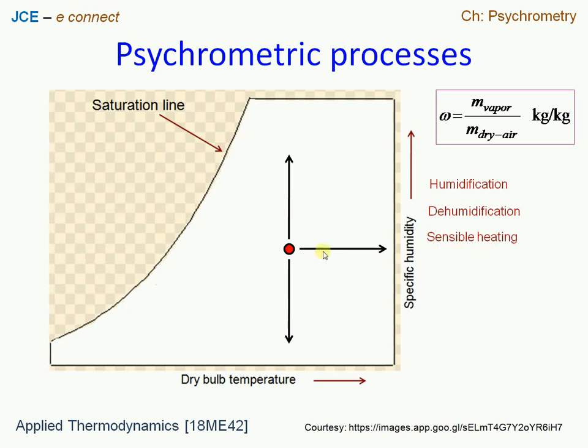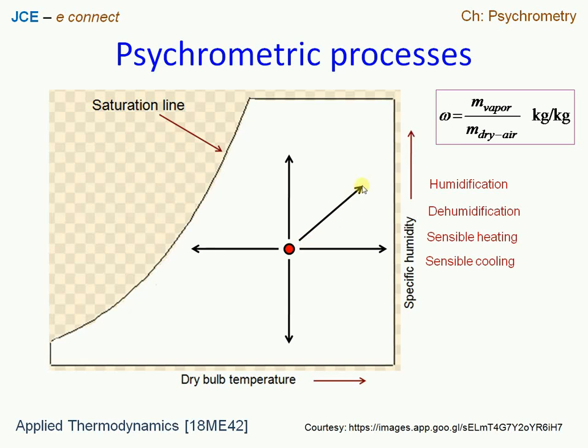So let us now imagine the reverse process, where the moist air sample is now heading towards the left end, which shows that at constant specific humidity the temperature keeps decreasing, therefore we call this a sensible cooling process.